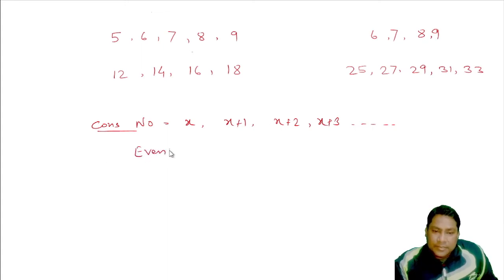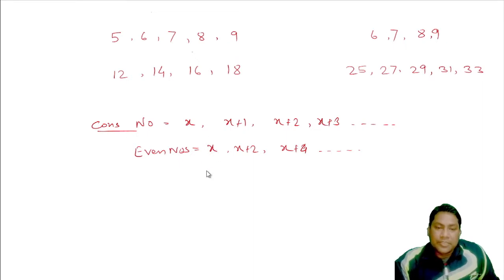Consecutive even numbers are x, x plus 2, x plus 4 and so on. Here we will put the value of x as an even number.